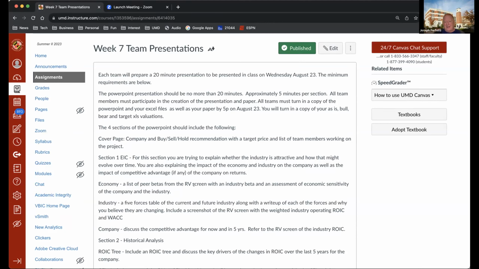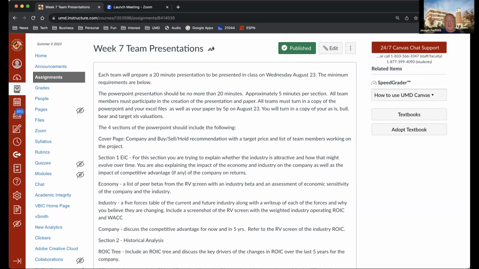Okay. So the screenshots of the ratios, for example, and the assumptions for the target price need to be in there. Same thing. If you don't put in a buy, sell, hold opinion, you forgot to put that slide in, you can't just start riffing on a buy, sell, hold opinion based on your target valuation. There should be a screenshot or a PowerPoint page that says this company is a buy with this price target. Okay. So that's what I mean by it needs to be in the presentation when you're talking about it.